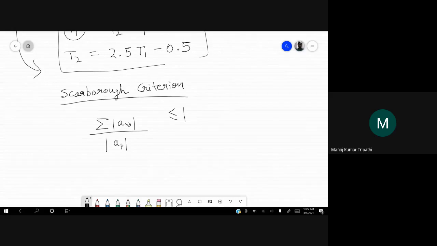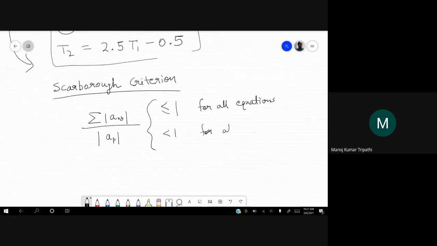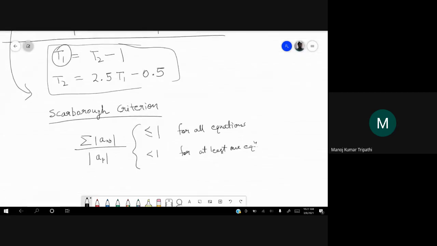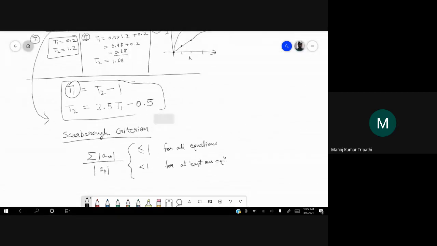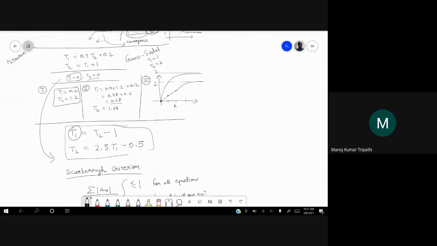This should be less than or equal to 1 for all the equations, and it should be strictly less than 1 for at least one equation. Okay. So let us take the example of the heat equation again.